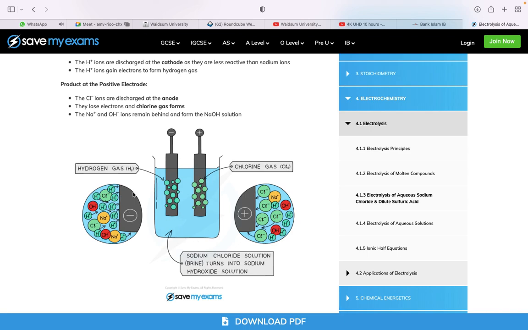Look at the cathode. We have the sodium ion and the hydrogen ion. Sodium is the senior brother according to the chemical reactivity series. In the reactivity series, sodium is higher than hydrogen. So I call it the senior brother, the big brother.